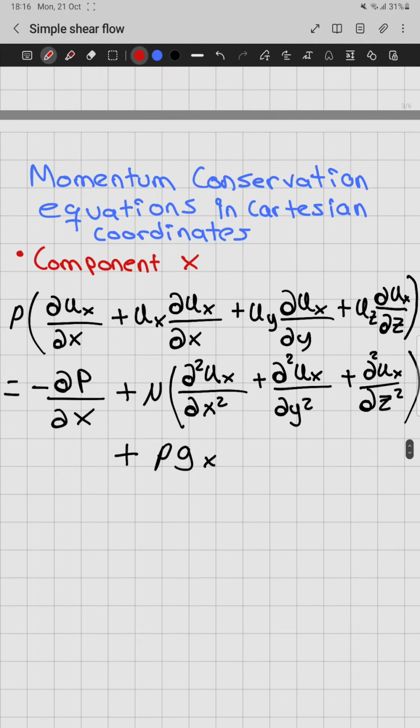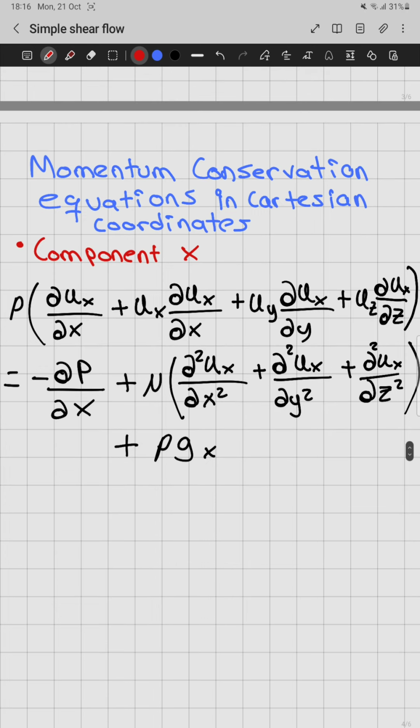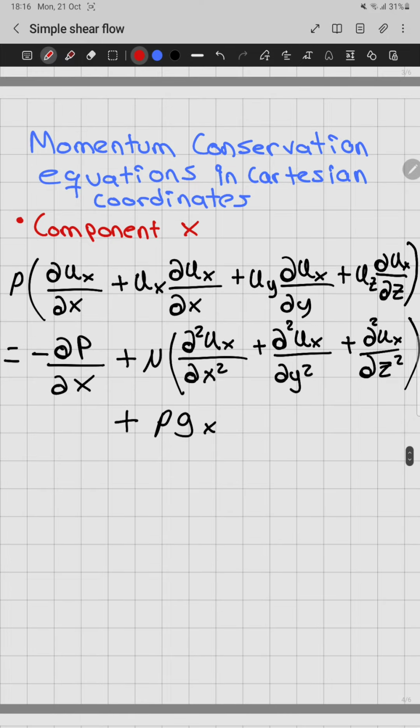So now the most interesting thing, we will talk about these momentum conservation equations, which are very complex. So we have this very complex system of equations. I already wrote all the terms of these equations. Remember, momentum conservation is a system of three partial differential equations.